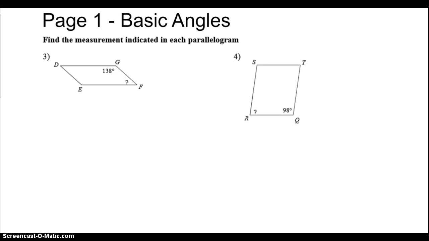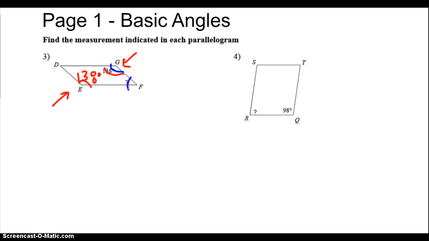So, what do we know about parallelograms? Well, one of the things we know is that angles that are opposite each other are congruent. So this angle right here, 138, or G, is the same as E. So this would be 138. Angles that are next to each other, that are consecutive, like G and F, add up to 180.